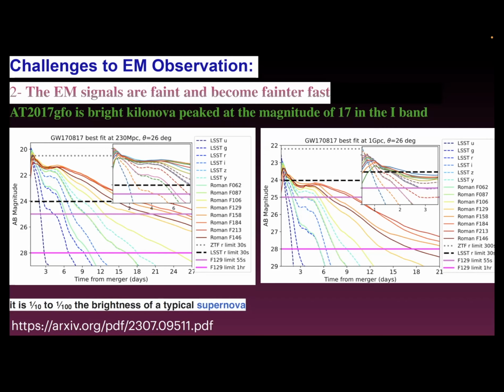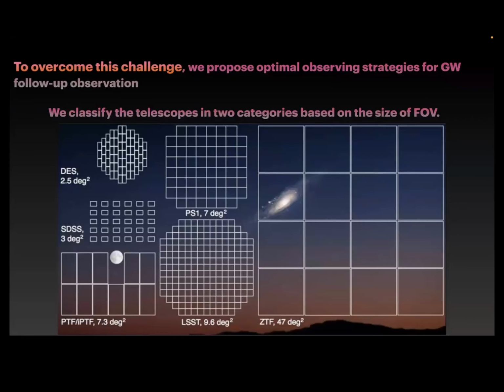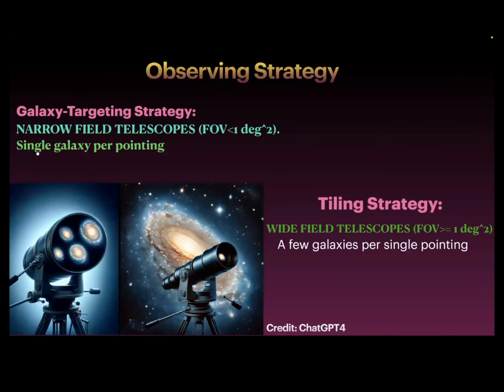So to have successful observations, it's necessary that we present an optimal observing strategy. To give an optimal observing strategy, we classify telescopes into categories. For telescopes with a narrow field of view, I mean less than 1 degree squared, we use the galaxy targeting strategy, which typically means the telescope can observe a single galaxy per pointing.